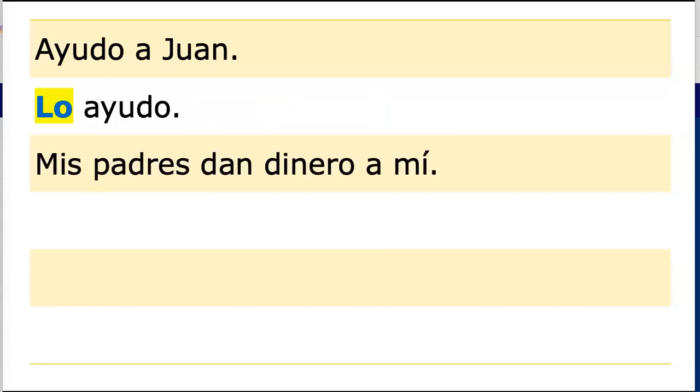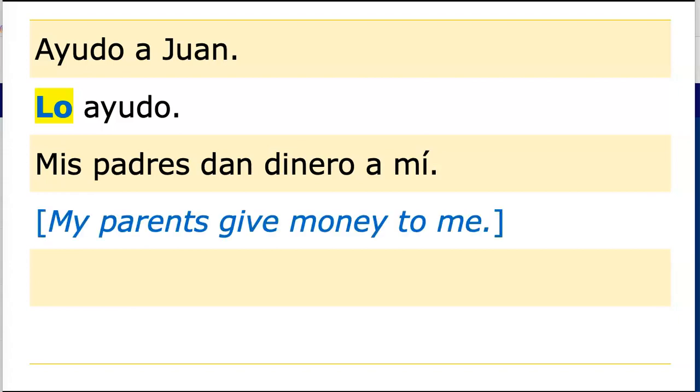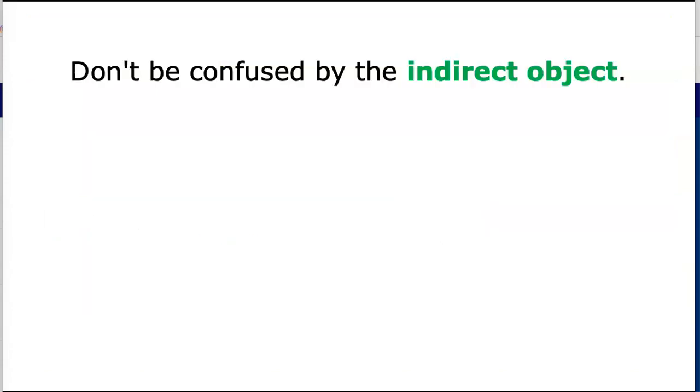Next sentence. Mis padres dan dinero a mí. Give you a second to think of what that means. My parents give money to me. And what is the direct object here? Dinero. Now don't be confused by the indirect object in this sentence.